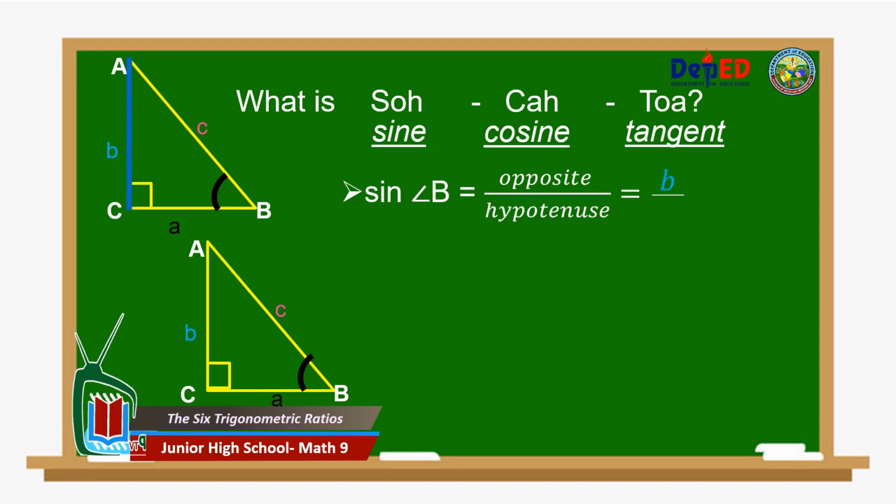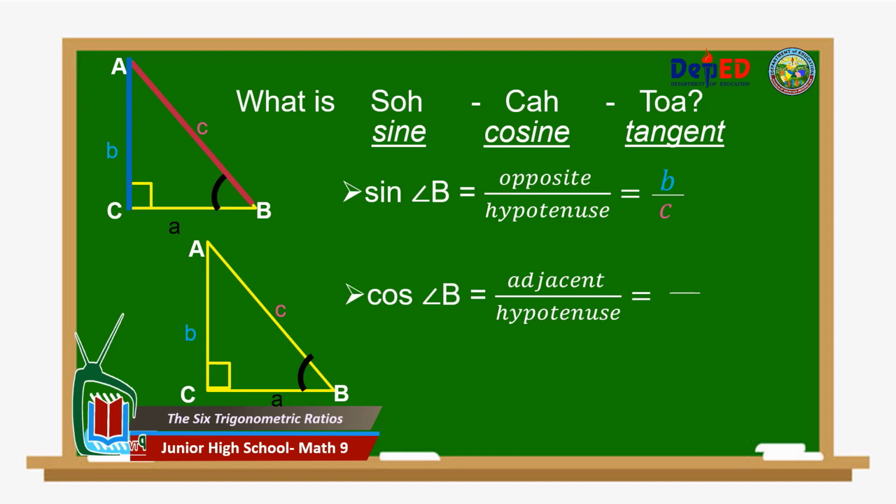The opposite of angle B is side B, and the hypotenuse of the triangle is side C. The next ratio is the cosine, for which we use CAH, which is adjacent over hypotenuse. The adjacent side of angle B is side A, and the hypotenuse of the triangle is side C.